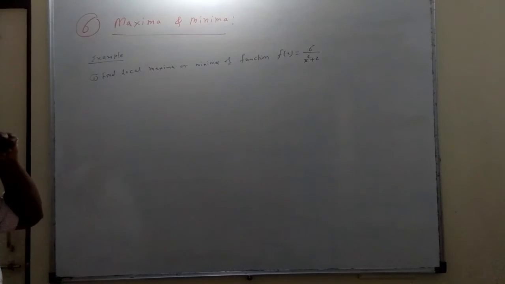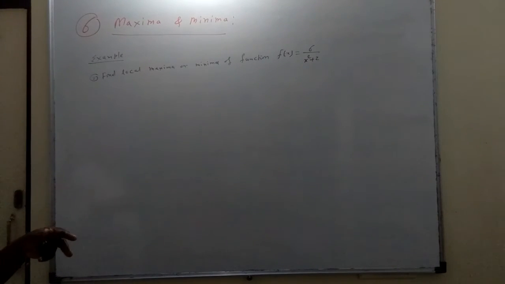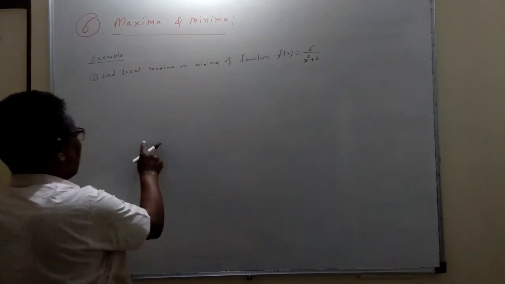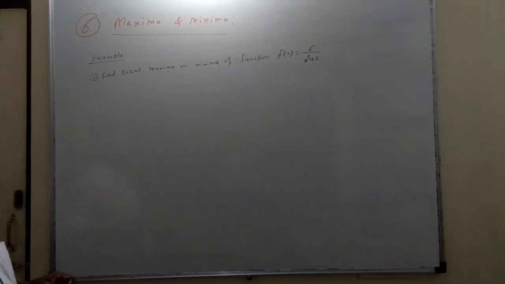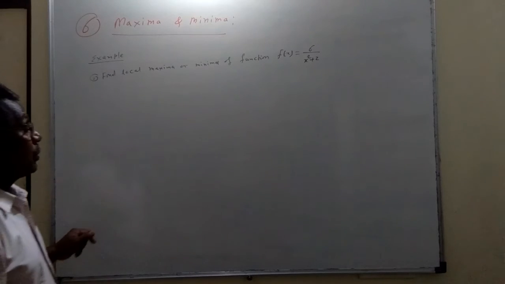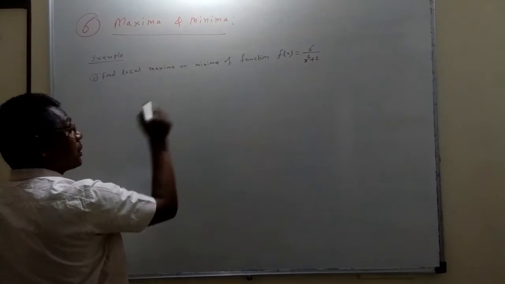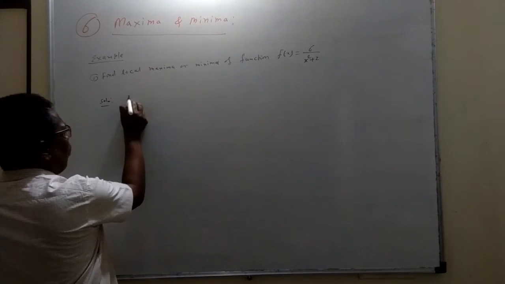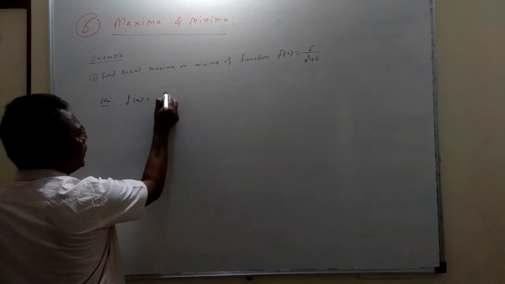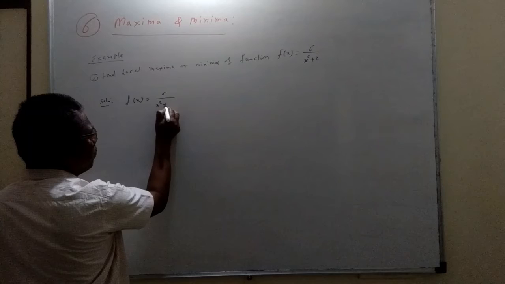So to recall the formula, you want to recall increasing, decreasing, and for that you recall the graph, maximum graph, minimum graph, tangents, acute angle or obtuse angle. Acute angle positive value, obtuse angle negative value. So we want to first find f dash x. Solution: f of x equal to 6 divided by x square plus 2.